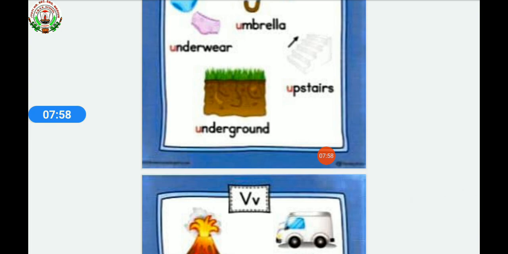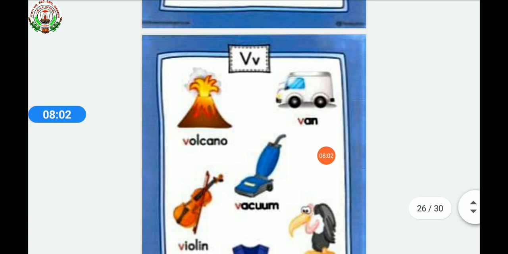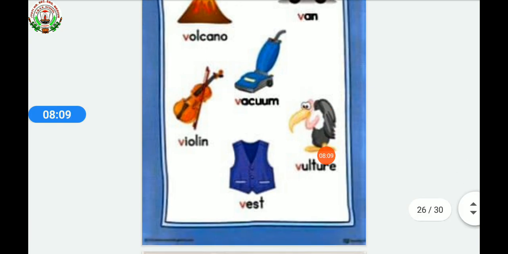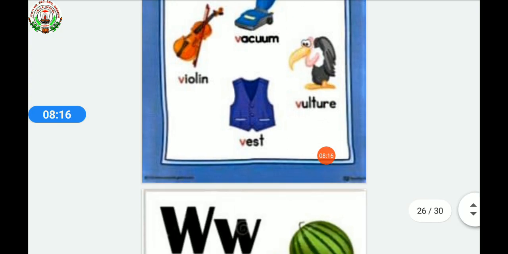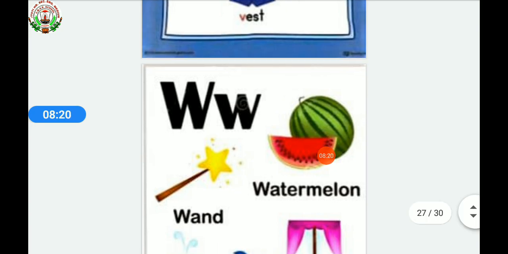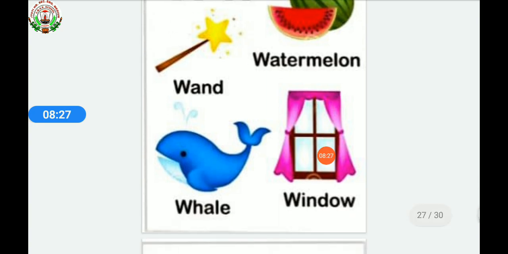After U comes the letter V. V for volcano, V for van, V for vacuum, V for violin, V for vulture, and V for vest. Next letter is W. W for watermelon, W for wand, W for window, and W for whale.